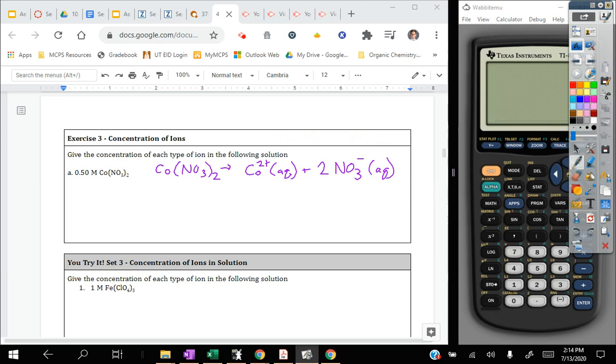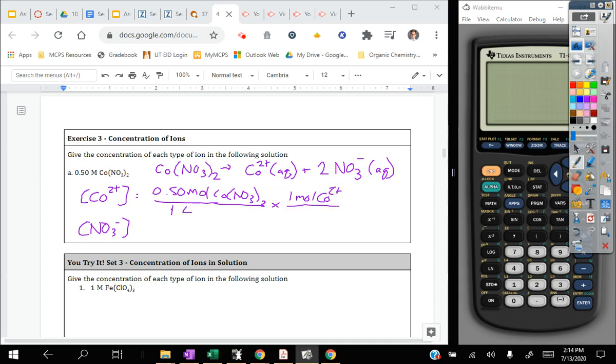Now that I know this, I want to figure out the concentration of each type of ion in solution. So I have the cobalt ion, and I have the nitrate ion. So what I can do is take my 0.50 moles per liter of my original solution and multiply it by the number of moles of ions in that particular formula.